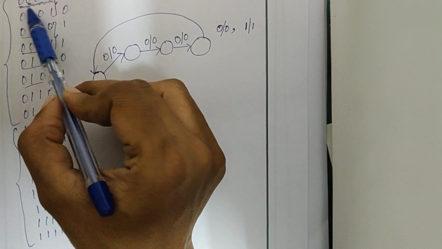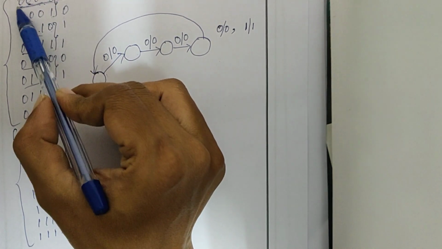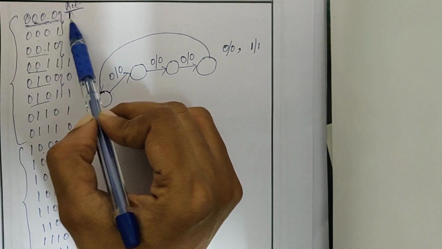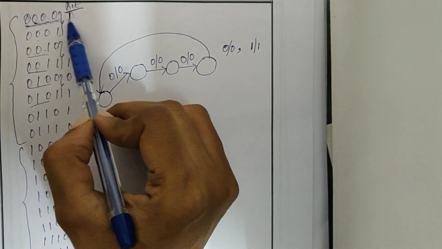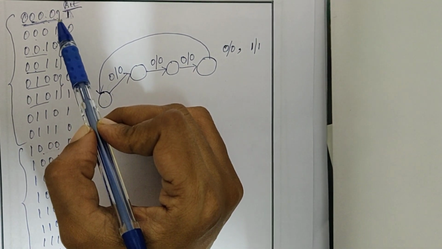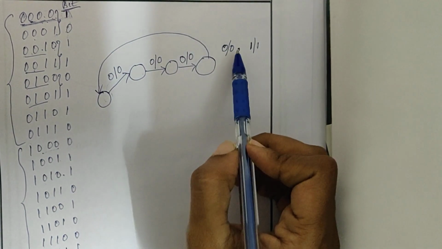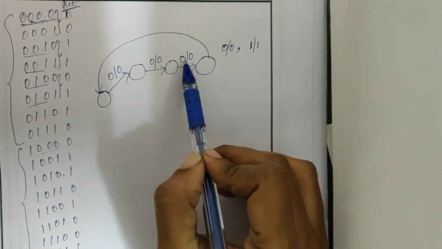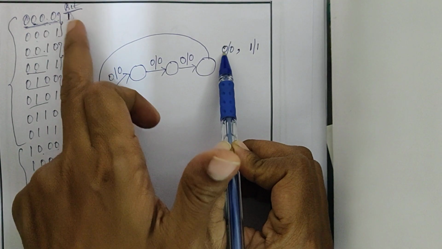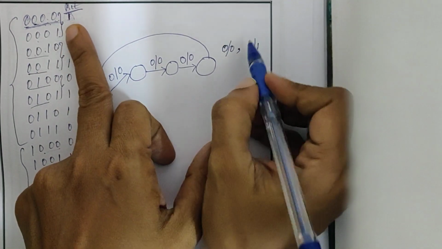Right, that's how I got my 5 bits as output. So 0 0 0 0 gets parity bit 1. Including this parity bit, I'll get my output as 5 bits. So here 0 0 0 0 is my input. Now for this combination, what is your parity bit? 1.